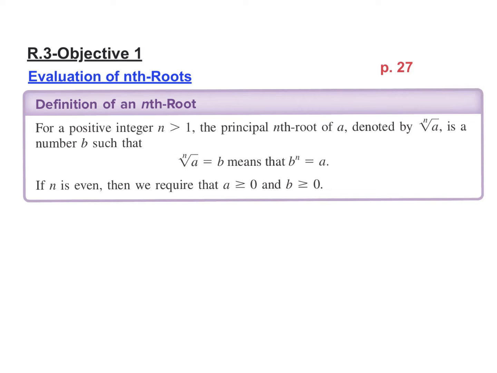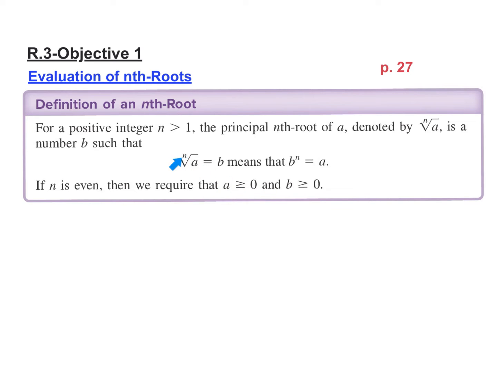There's one specific condition that has to be met in one situation where we have to qualify it. If the index is even, both the radicand and the actual answer must be 0 or bigger. They have to be greater than or equal to 0.